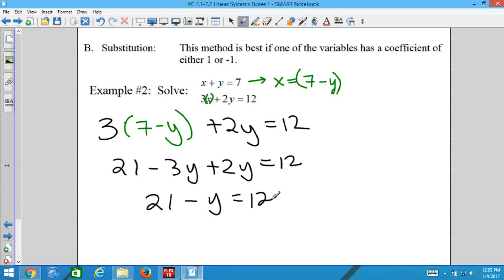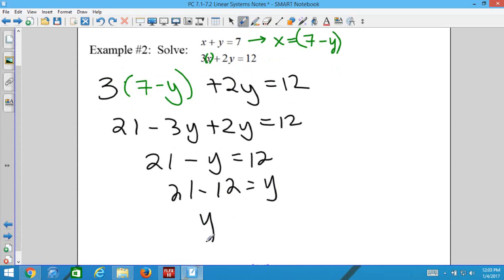I'm going to move the y over and then move the 12 over, so I'm actually doing 21 minus 12. So that y equals 9. Is that the answer? No, because the answer is an ordered pair where 2 lines cross. So that's the y part.